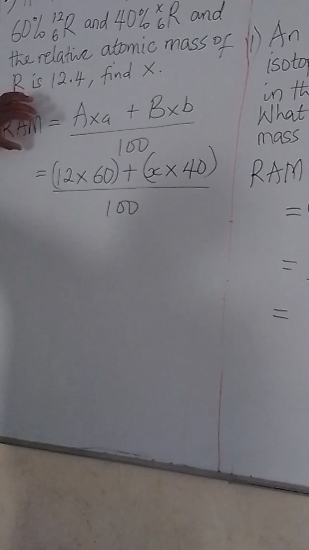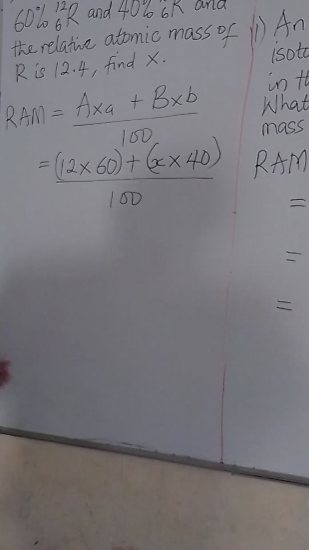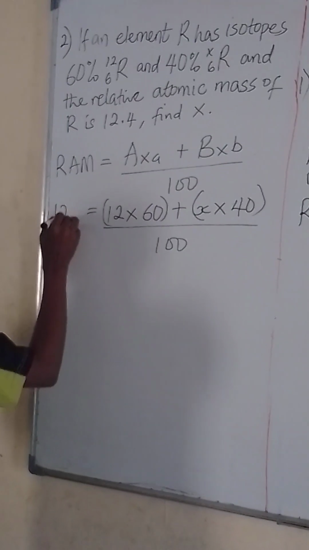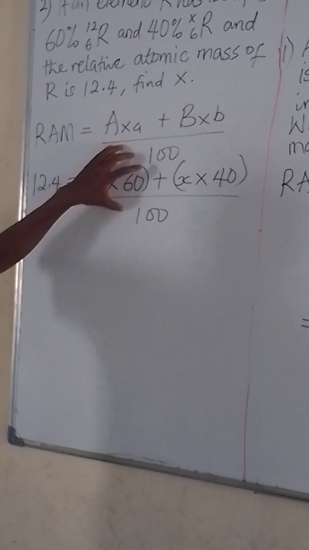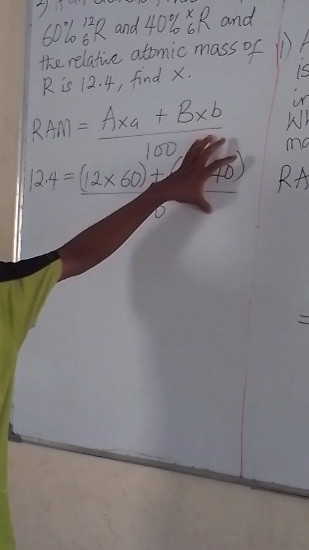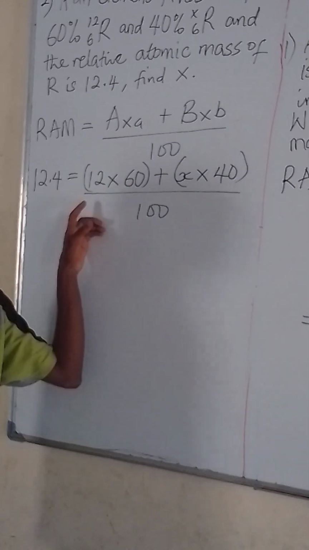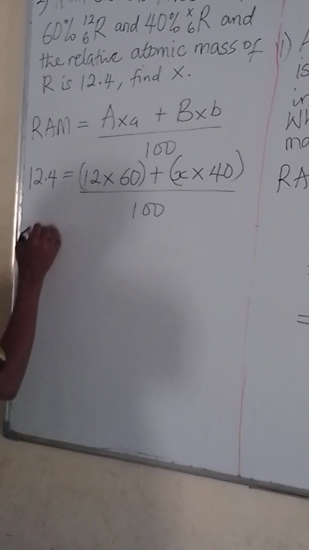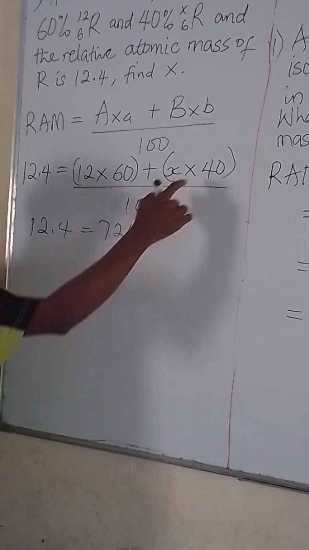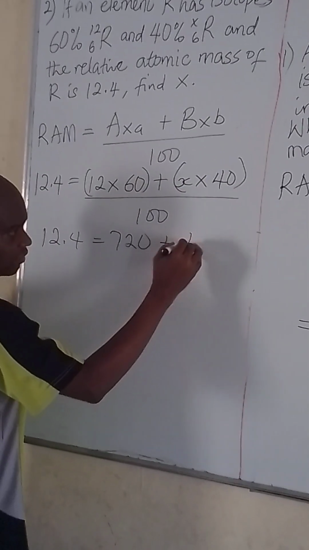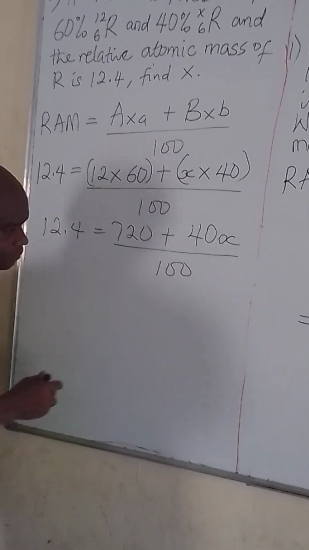Alright, now relative atomic mass is given as 12.4. So here will give us 12.4 equals to the first bracket and then the second bracket all over 100. 60 times 12 will give us 720 plus 40 times x will give us 40x all over 100.